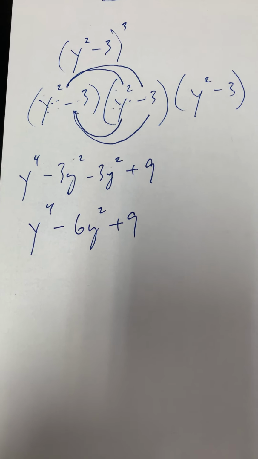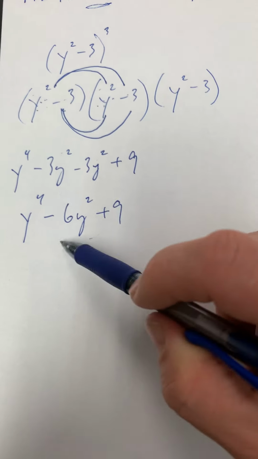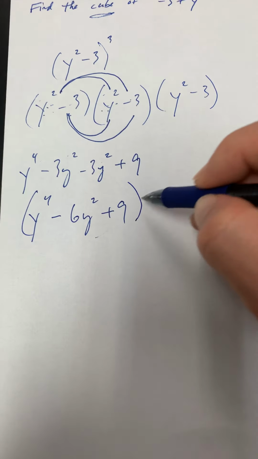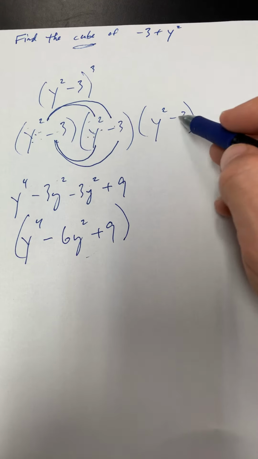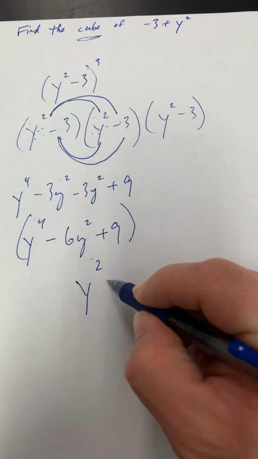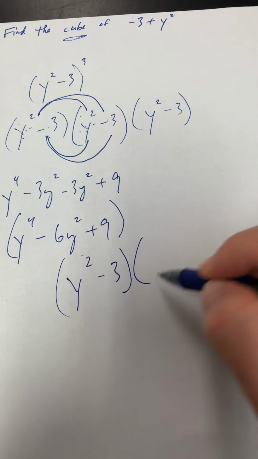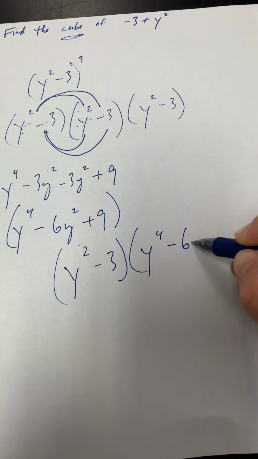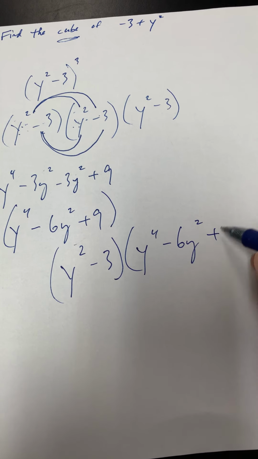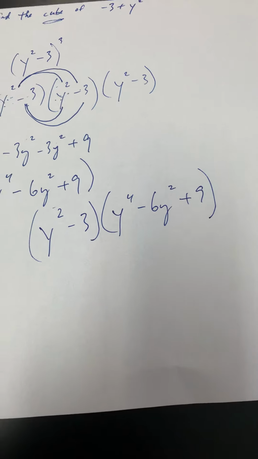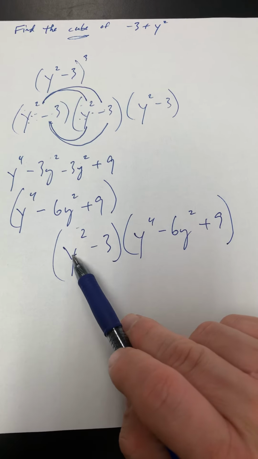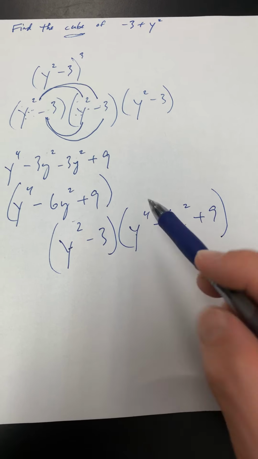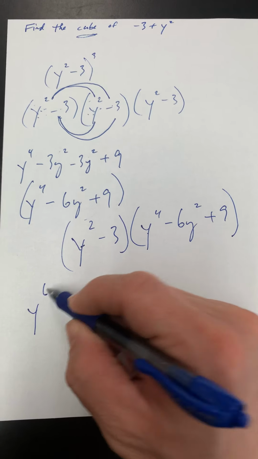Okay, makes sense? All right, now we're going to take this and multiply it by this. So we're going to go y squared minus 3 times y to the fourth minus 6y squared plus 9. Okay, so y squared times y to the fourth gives us y to the sixth.